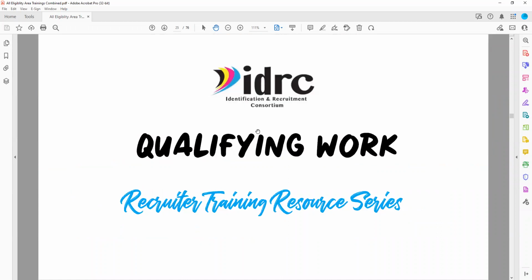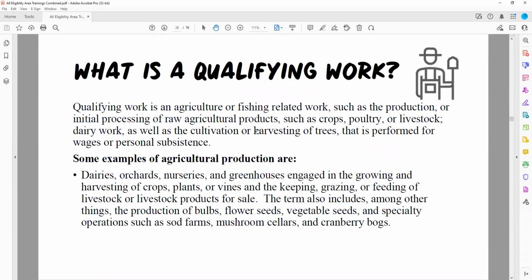So now looking at the types of work that's qualifying. We talked a little bit about this already. Remember, it has to be production or initial processing of raw agricultural products such as crops, poultry, livestock, dairy work, as well as the cultivation and harvesting of trees. That can be some timber work that is performed for wages or personal subsistence.